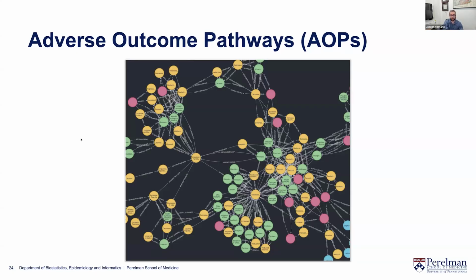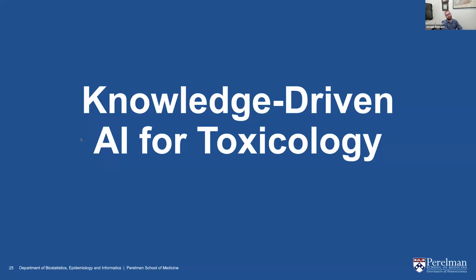So these adverse outcome pathways can form highly complex networks like the one you see on the screen, which are useful in the context of AI algorithms that work with graph formatted data or network formatted data, like I was showing you earlier in the slides.